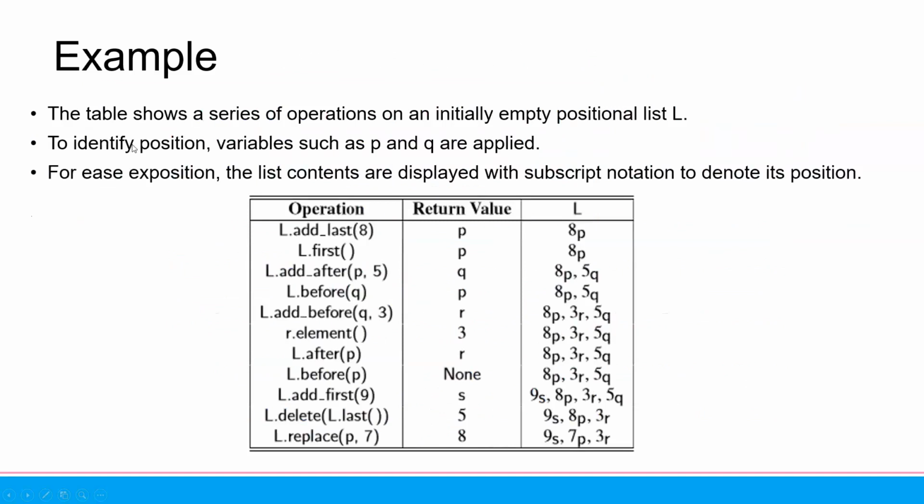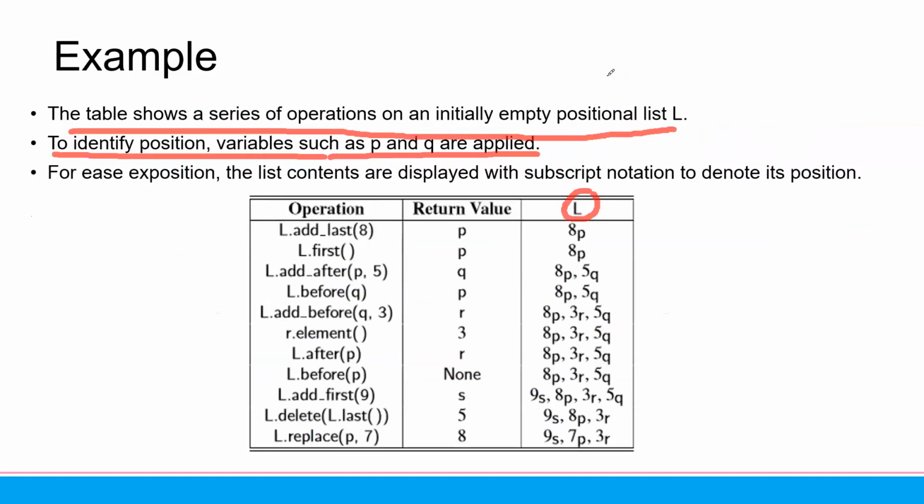So this is an example. Let's say this is the L, this is the list. The table shows a series of operations on an initially empty positional list L. So the first one, it is empty. To identify position, variables such as P and Q are applied.